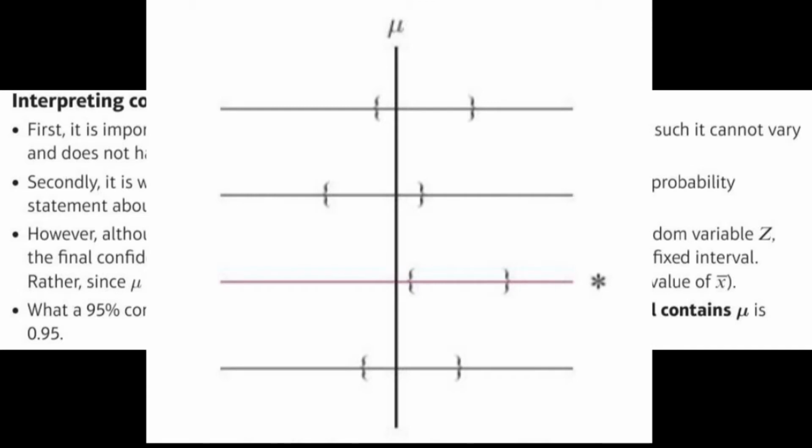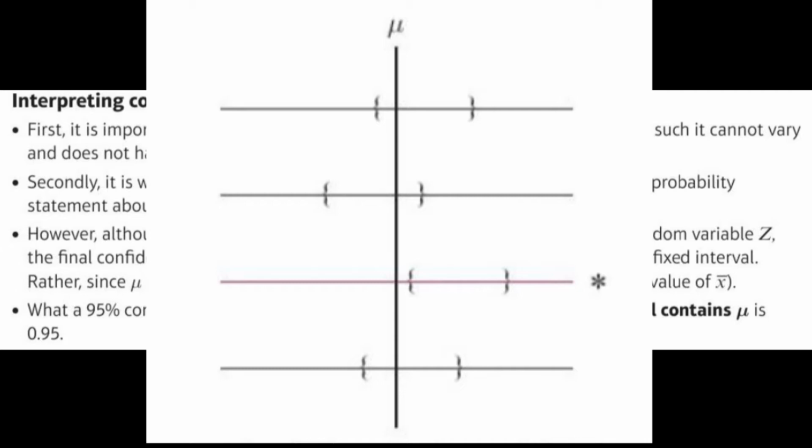So for example, here we have 4 confidence intervals that have been calculated from 4 different samples. Each of the samples gave us a different mean, and then when we created the interval around it, the buffer around it, the majority of the time it would actually contain the real value of mu. You can see that from the first, second and fourth.